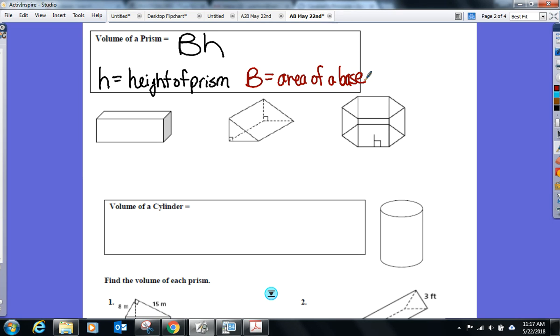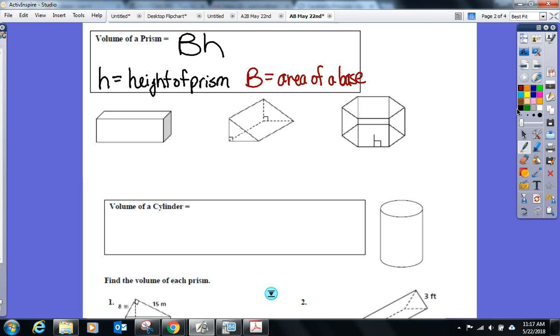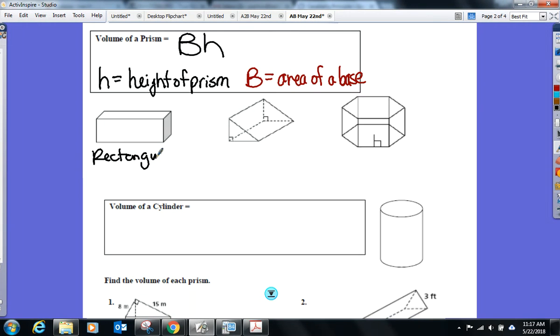Going through these three prisms right here, can you identify what shape the base is for me? This first prism here, what shape is the base? This is a rectangular base, yep. I just want to make sure we can identify where the base is. How about the next one? Ooh, no, not for a prism. Just because it's on the bottom doesn't mean it's the base. Remember what the bases are: the two figures that are congruent and parallel.